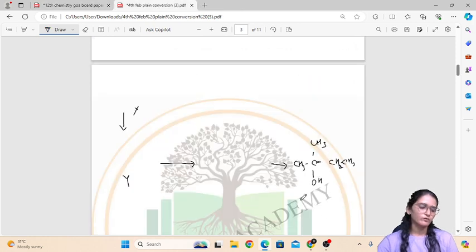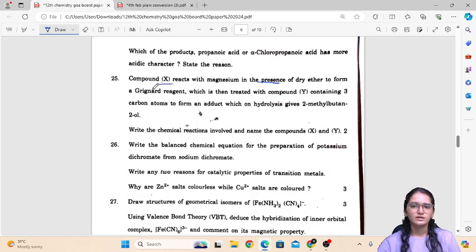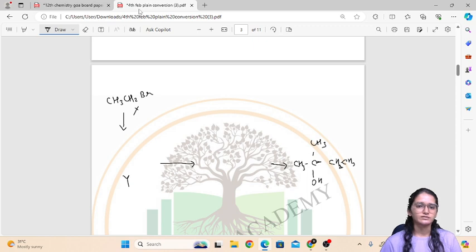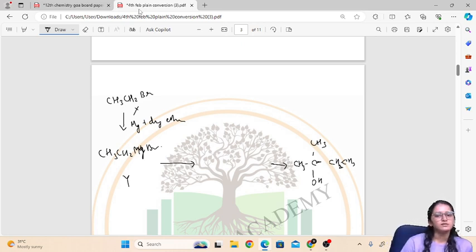Now here we got alcohol. So let us take here CH3CH2Br as compound X, and treat it with magnesium in presence of dry ether. So Mg plus dry ether, Mg will get attached to this, so we will get CH3CH2MgBr as a product.